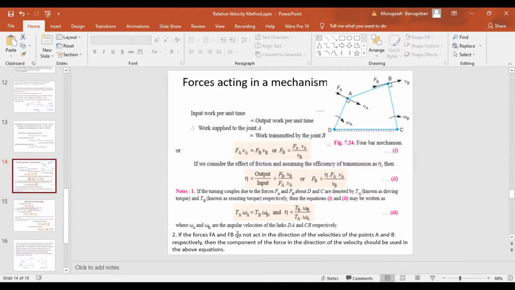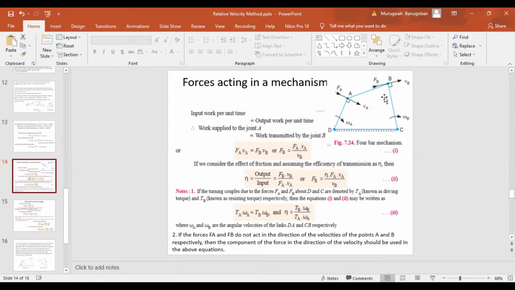If the forces FA and FB do not act in the direction of the velocities, here you see VA is acting this way and force A is also acting this way. So the line of action of force and velocity are the same. Here also FB is acting this way and VB is also acting the same way. So the line of action of V and F are the same.